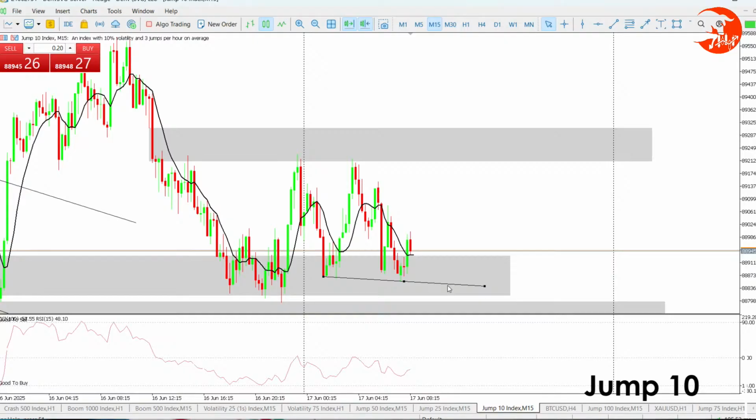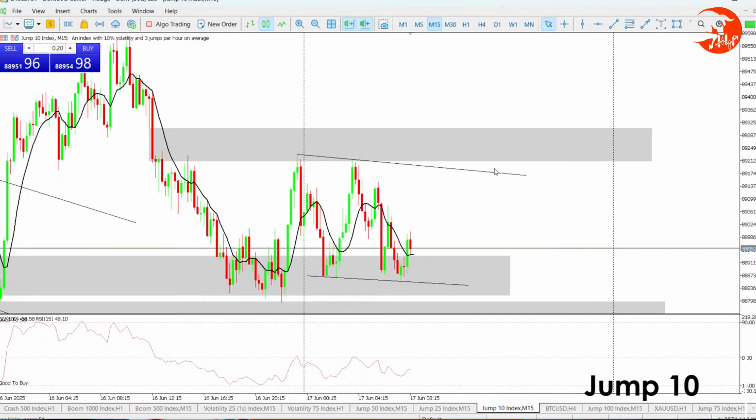Let's try to make sense of this. Like I always tell you, if you're looking for a signal that you can take on as your trade, you want to always look for simple, easy to see structures. You don't have to force it.